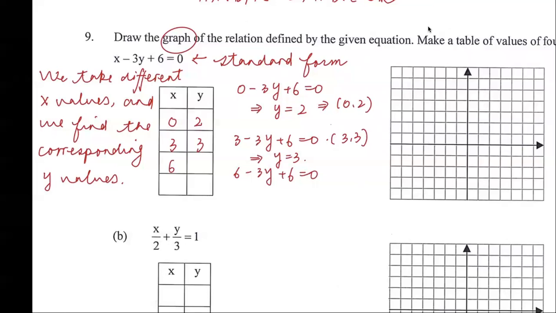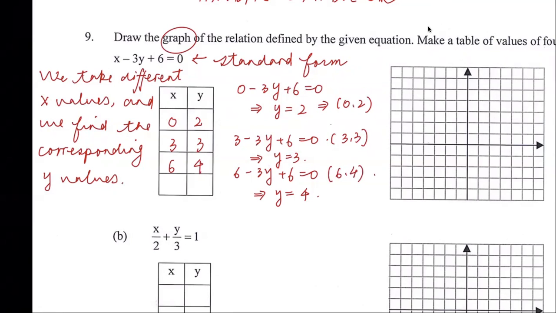If we solve this equation, we'll find that y is equal to 4, right? Because minus 3 times 4, that's minus 12. Minus 12 plus 6 plus 6, that's 0, right? So 6, 4 is also on the straight line.